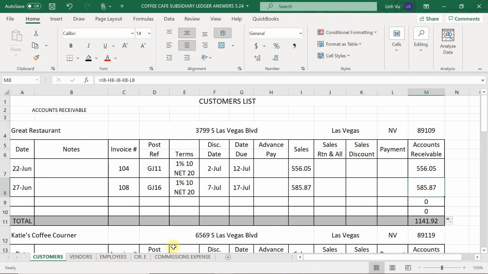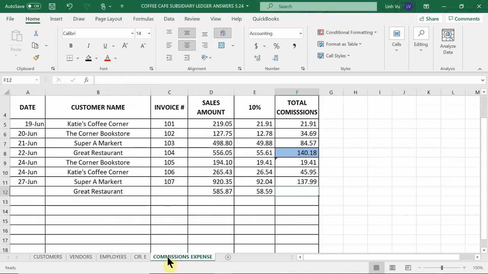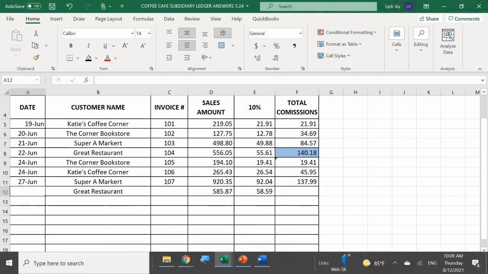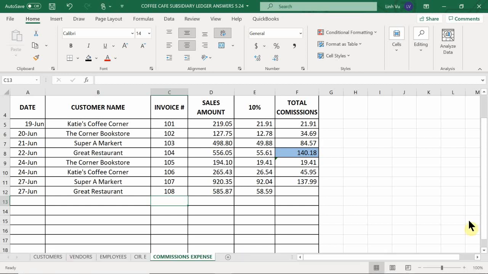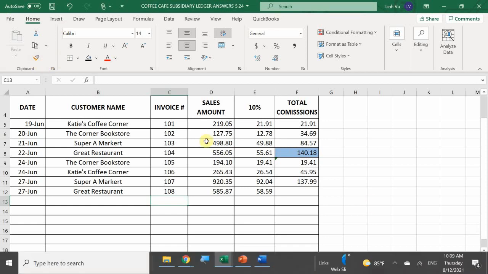So then once we do that, we need to make sure we also give Albert his commissions because he did 2 deliveries in one day. So here we go. June 27, he also delivered to Great Restaurant, which we invoiced as 108. Excel has already calculated for me, saying that he's earned $58.59.